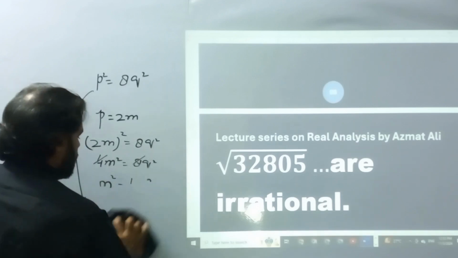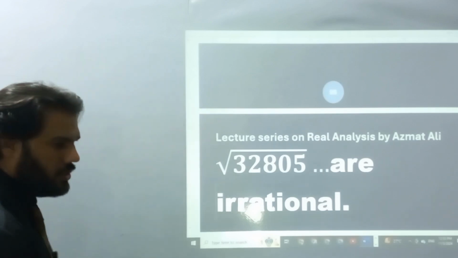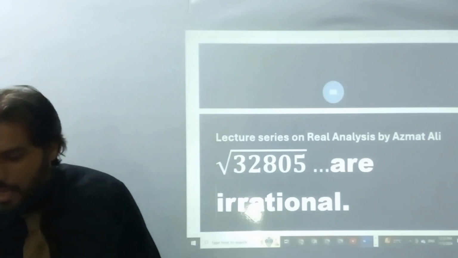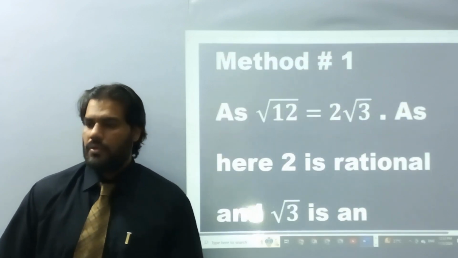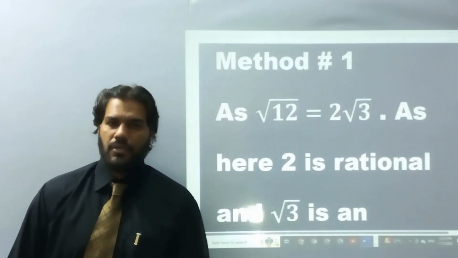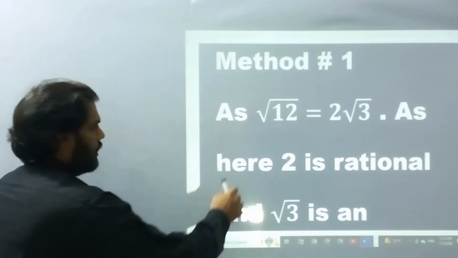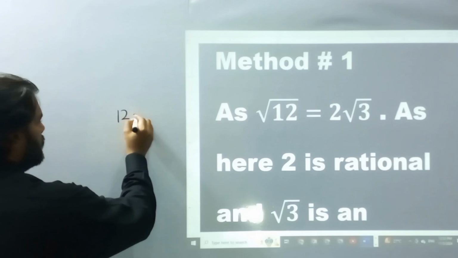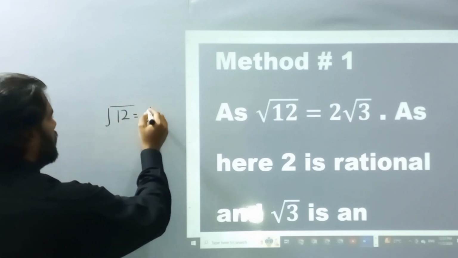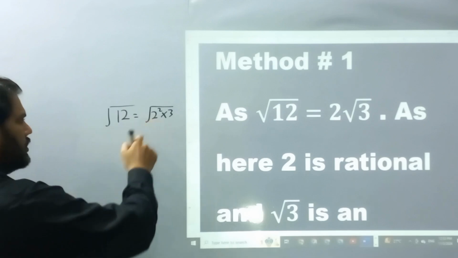If you make the prime factorization of all of these numbers, you will see that all of these numbers contain a square factor. For example, let us start from square root 12, method number 1. Square root 12 has the prime factorization 2 square into 3.